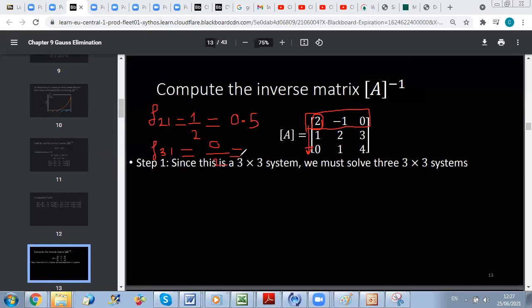So now already I can say that I can update my L matrix. My L matrix now is 1, 0.5, 0, and 0, 1. I still have just one element to find, this one, and 0, 0, 1.